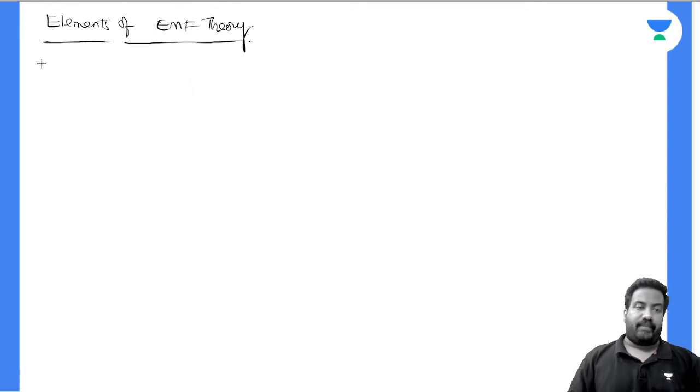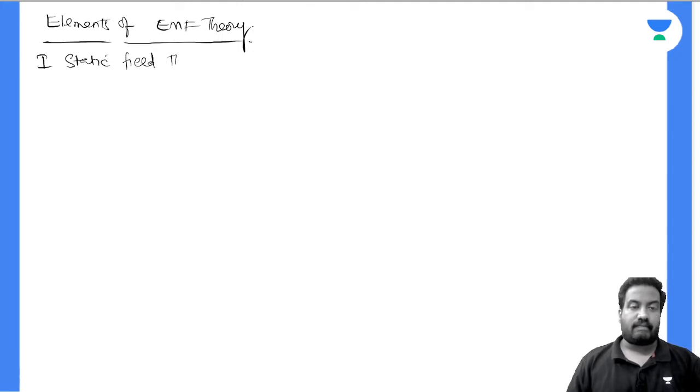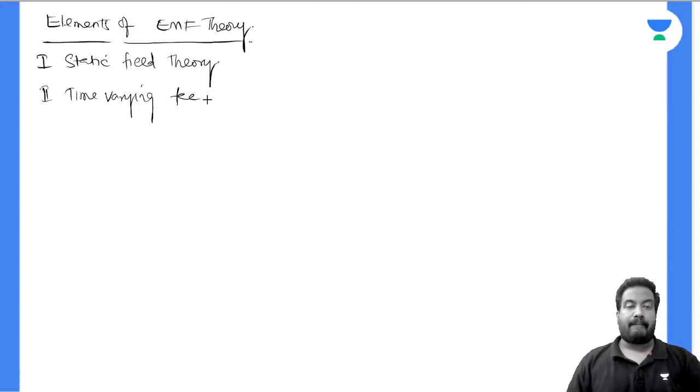In elements of EMF theory, we divide into two parts: static field theory and time varying field theory.